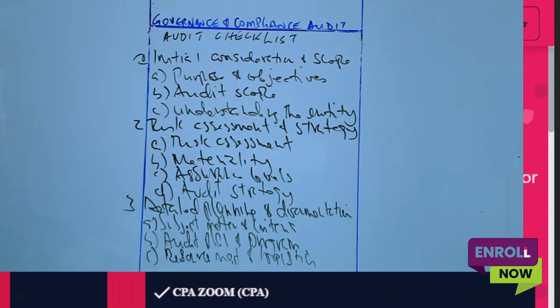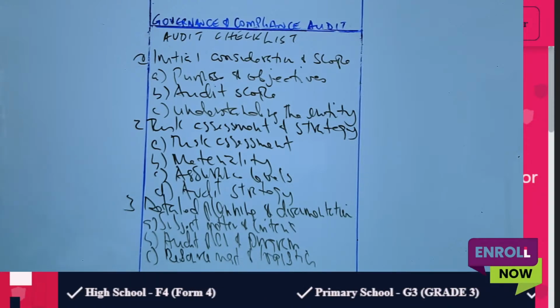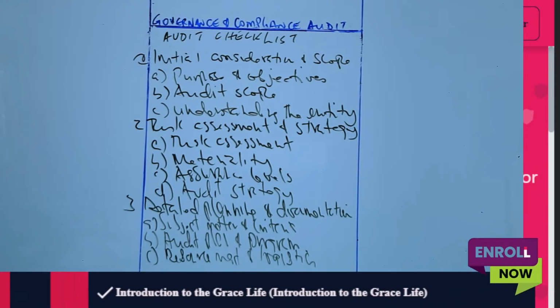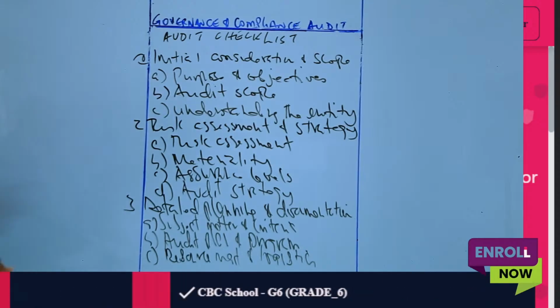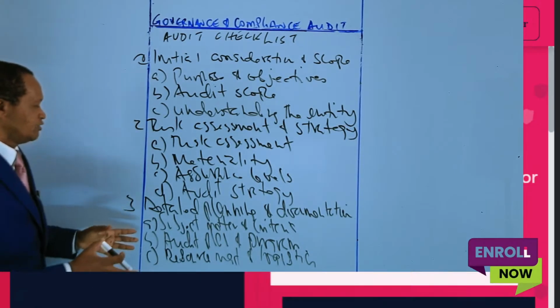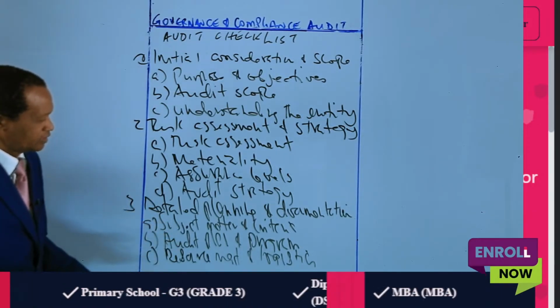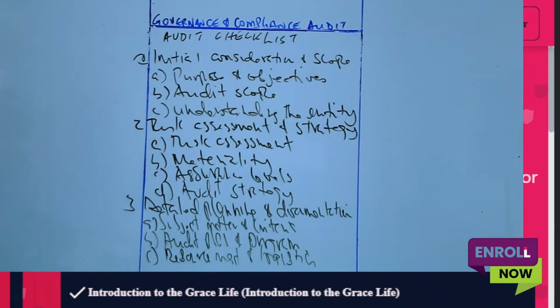Number 2, have we established a realistic timeline with key milestones for the audit? Number 3, have we planned for access to key systems, documents, and personnel? So this is phase number 3. There has to be a checklist for subject matter and criteria, audit plan and also program, then resource management and logistics.